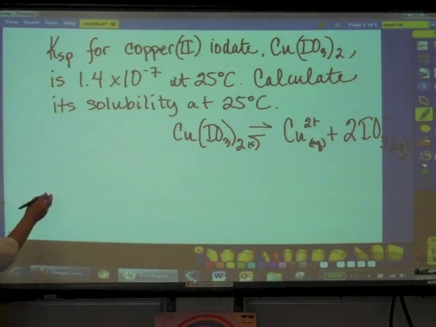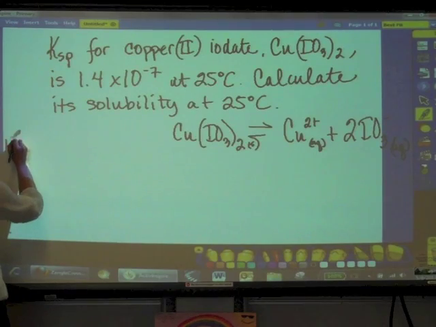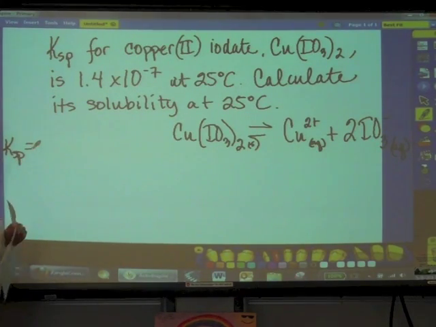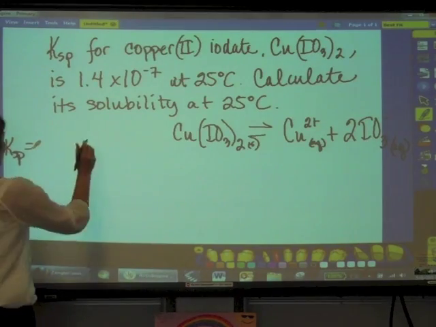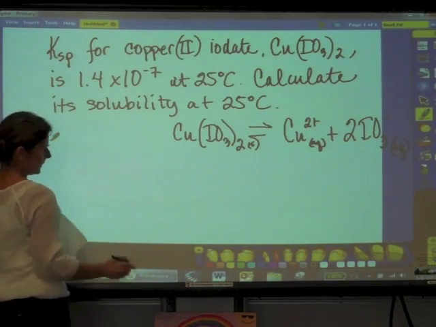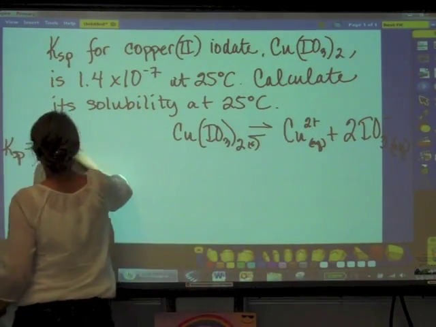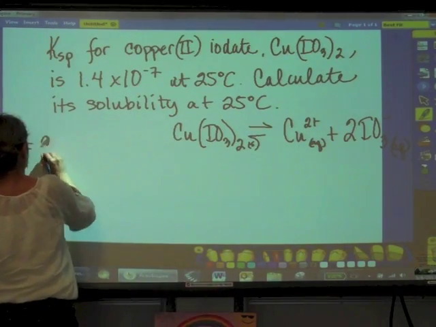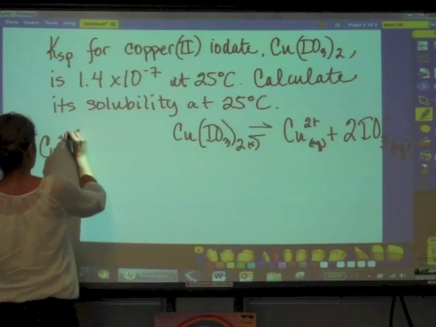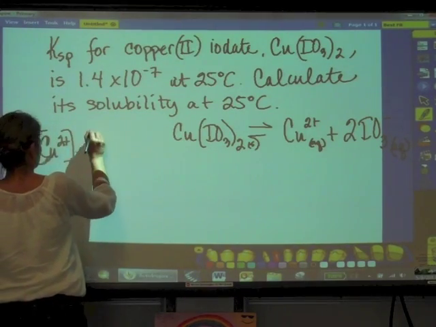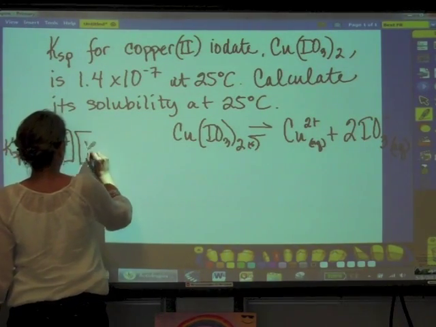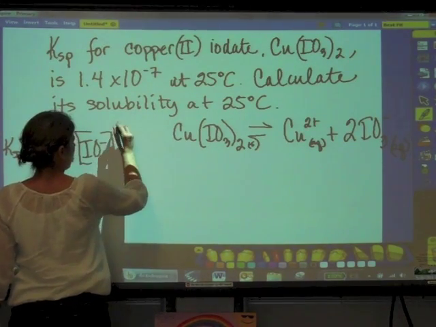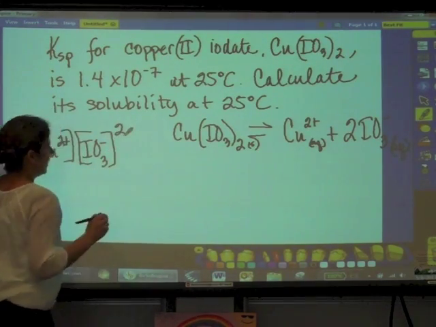Let's write the Ksp, or let's write the equilibrium expression, I'm sorry. See, there I go, it's like doing it up above again. Okay, [Cu2+] and then [IO3 minus] quantity squared.